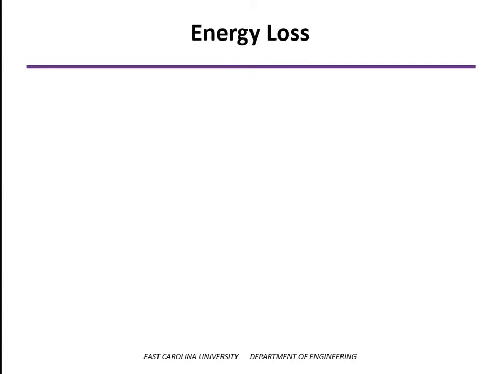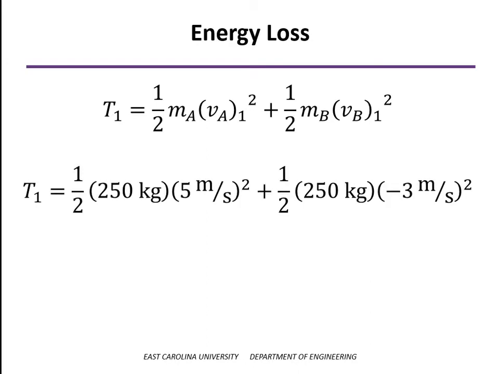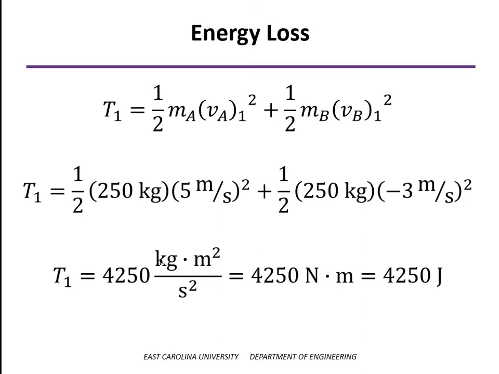Now we might ask, could we have used conservation of energy as one of our equations here? And to check that out, let's look at the energy before and after the collision. Before the collision, we have this expression for kinetic energy. There is no potential energy here. And so putting in our known values before the collision, we see that the total kinetic energy before the collision was 4,250 joules.